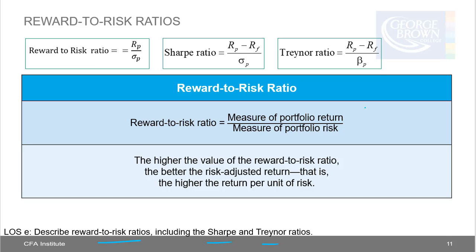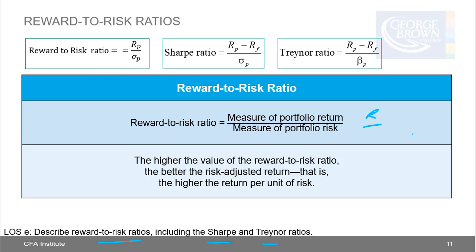In other words, investors are interested in maximizing the return on their investment while simultaneously trying to minimize the risks. That is, they prefer investments that have a high return per unit of risk, investments with a high reward to risk ratio.